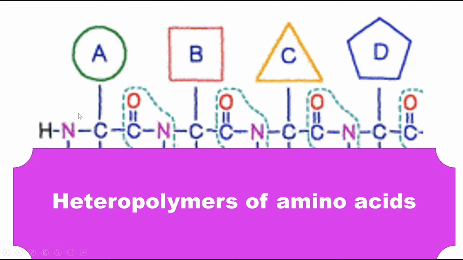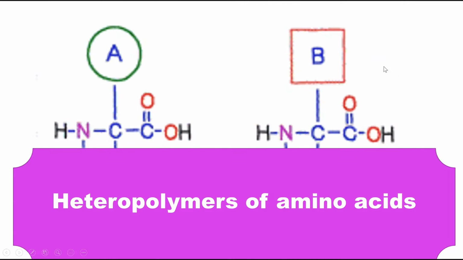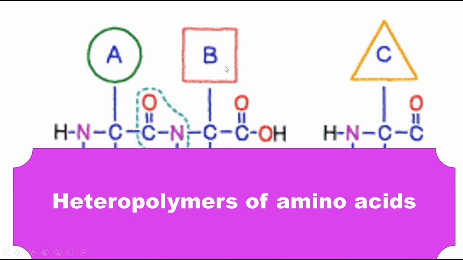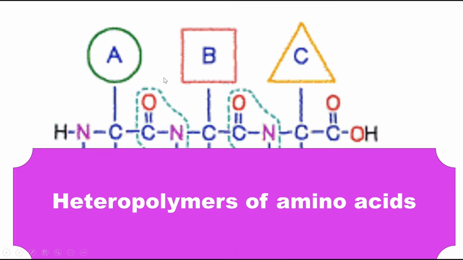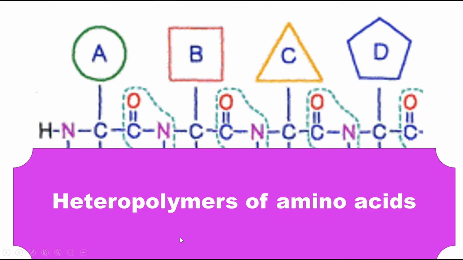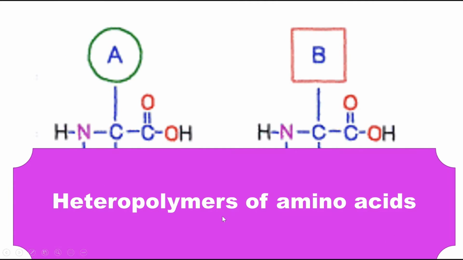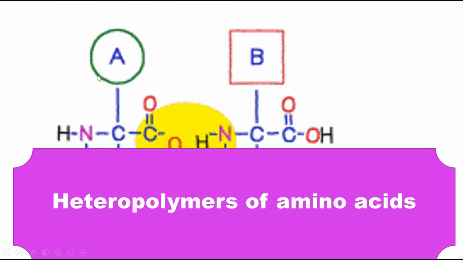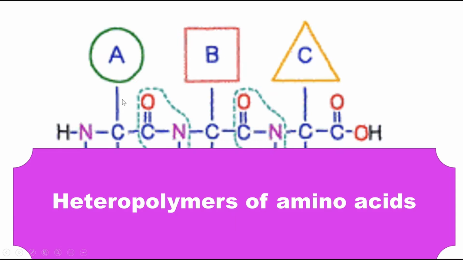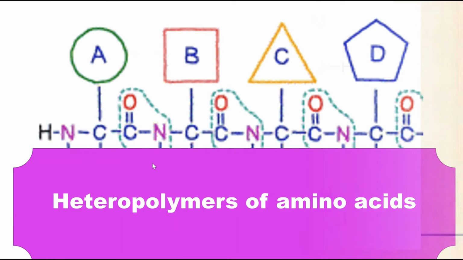What differentiates one amino acid from the other is the R group, designated here with the letters A and B. So proteins are chains of heteropolymers of amino acids. It is not necessary that all the R groups will be the same. They are different. But what is the same is the amino group, the carboxylic group, and the hydrogen.